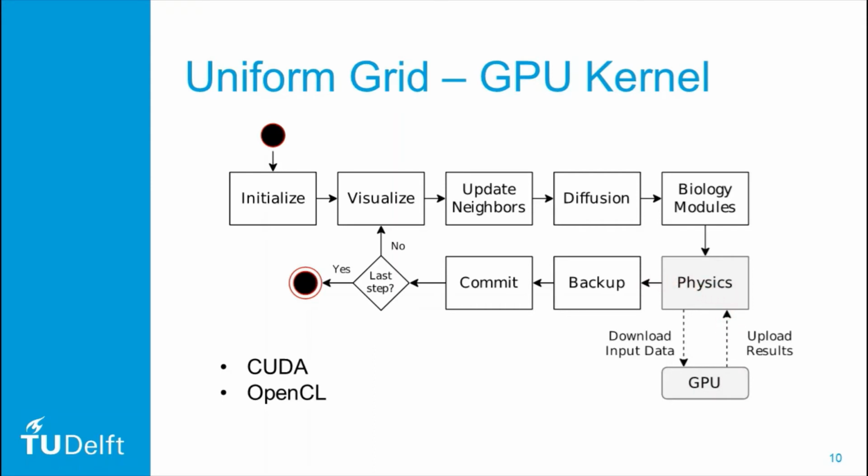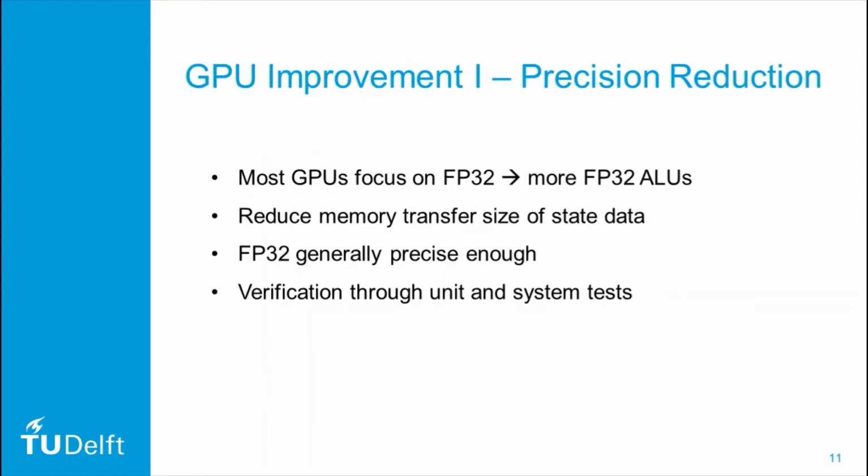Since the mechanical interaction operation is currently the only default operation that requires the neighborhood data, we created a single kernel that merges the loop over all neighbors and the force computation to avoid context switches. The kernel was implemented in both CUDA and OpenCL to target GPUs from all major vendors.